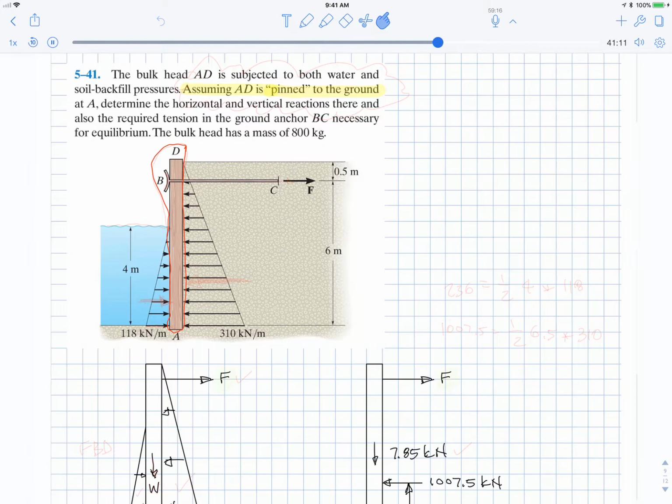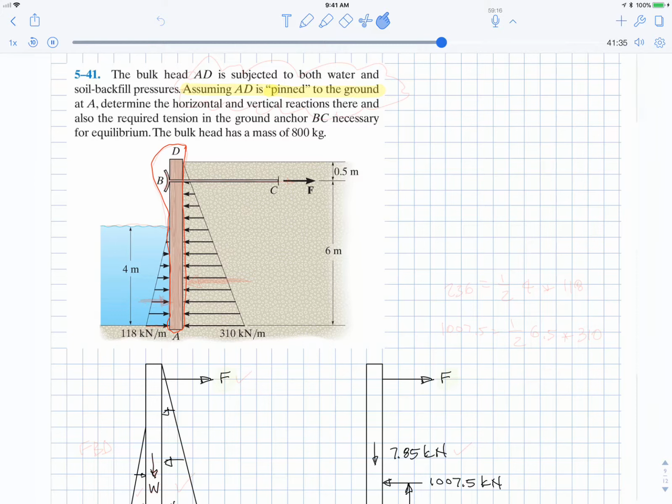I picked this problem because A, it's different, and B, it illustrates a concept you should understand, which is pressure. How pressure works, and we'll learn about this later, is that the unit weight of a material times its depth will give you the horizontal pressure.